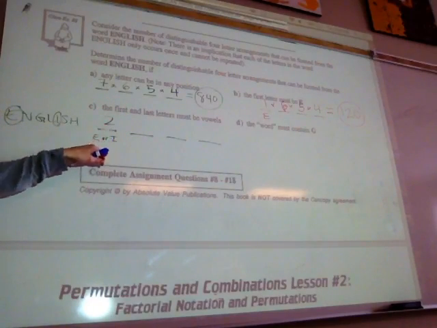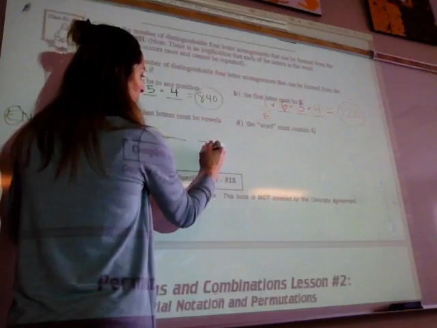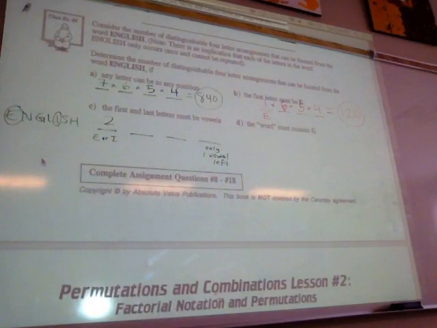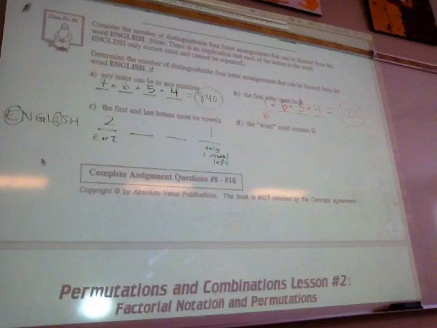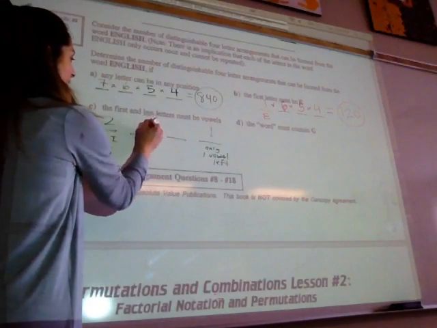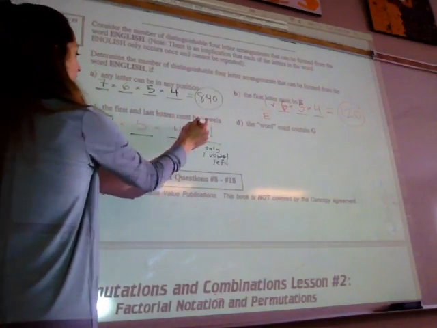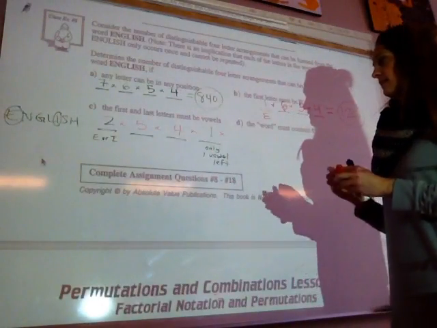If I've used an E as the first digit, then I have only 1 vowel left for the last digit. And then any of the middle letters could be anything from English except for E and I. So I have 1, 2, 3, 4, 5 left. And then once I've used 3 letters, I only have 4 left. So we just multiply. So this says 40 possibilities.